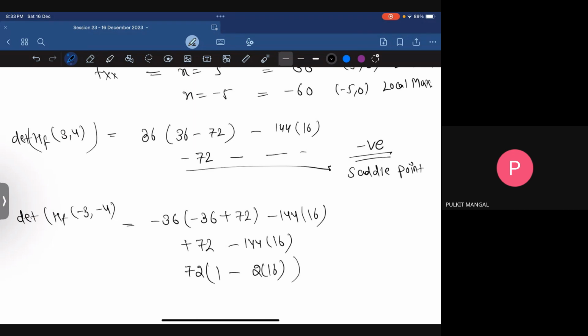Actually, it should be 36 into 36, 36 square, but it was negative, minus 36. Here also we are left with negative 36, so here also it is the same.